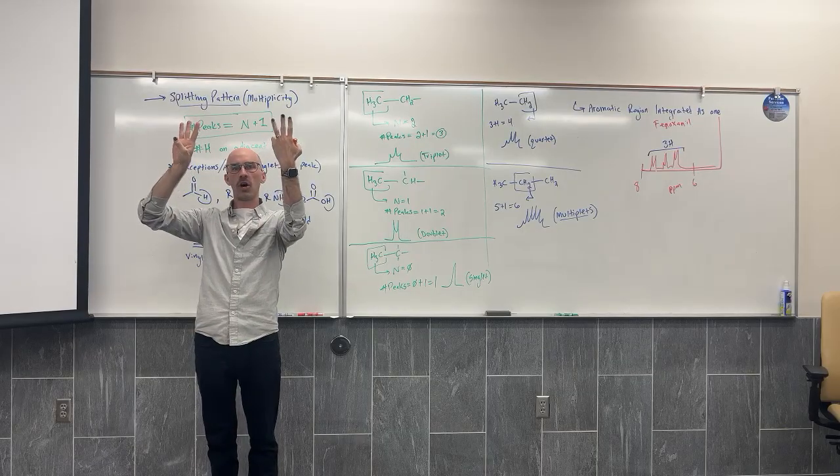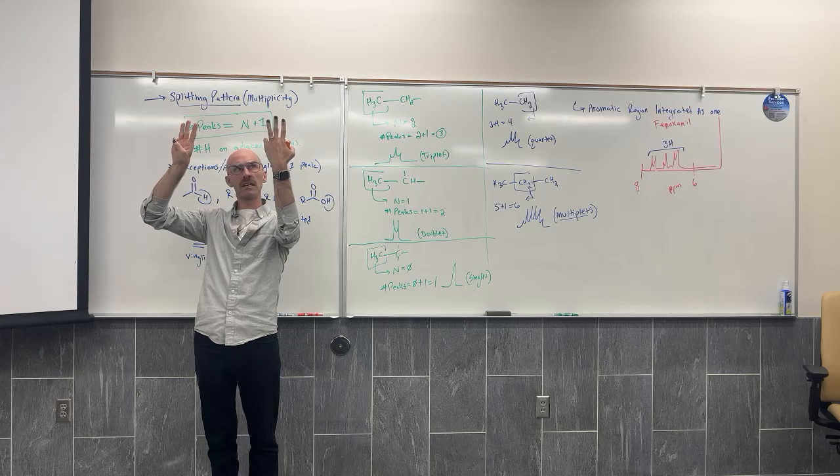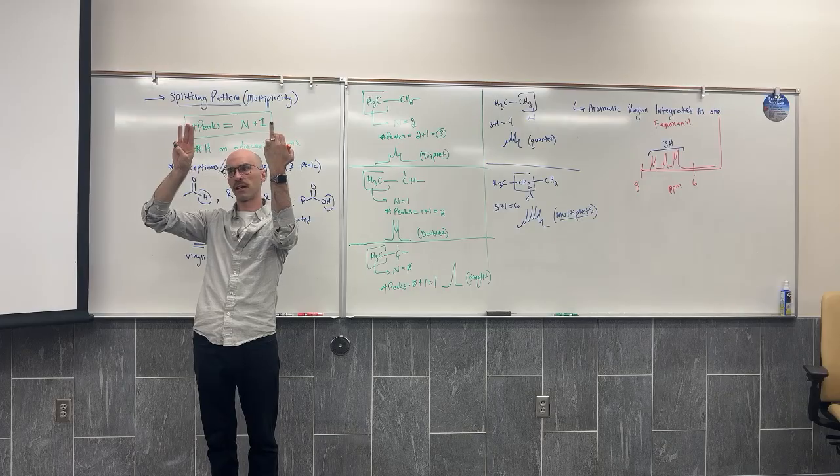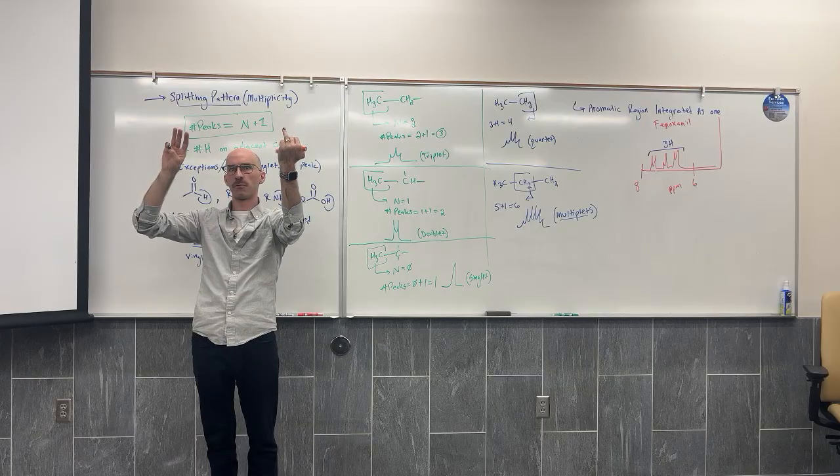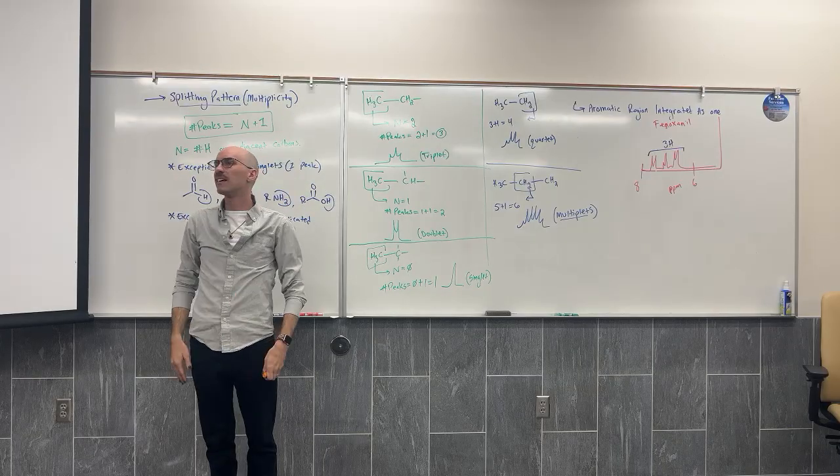I can have all of them spin up, I can have 2 spin up, and I can do that 3 different ways. I can have 2 spin down, but I can only do that 2 different ways. Or I can have all spin down. So there's the most combinations when one is spin up and one is spin down.